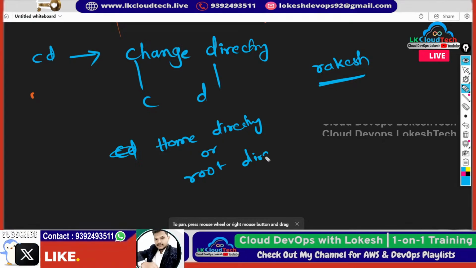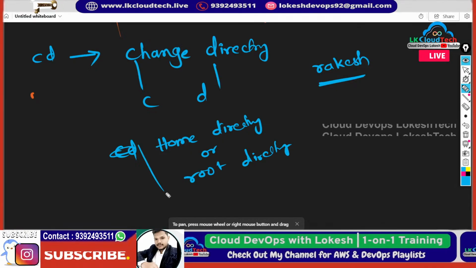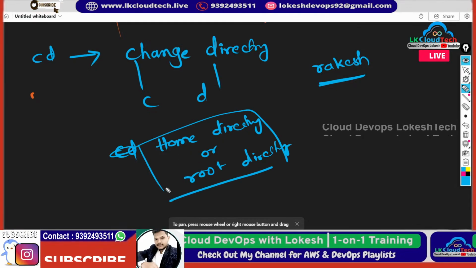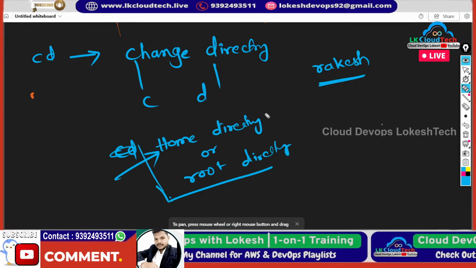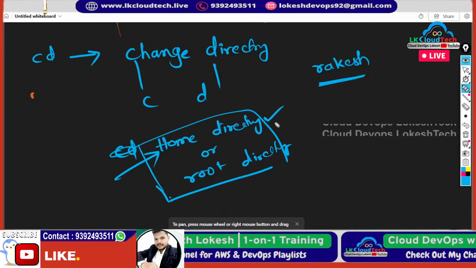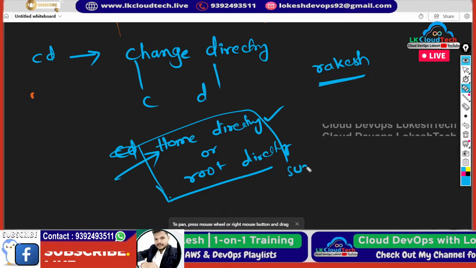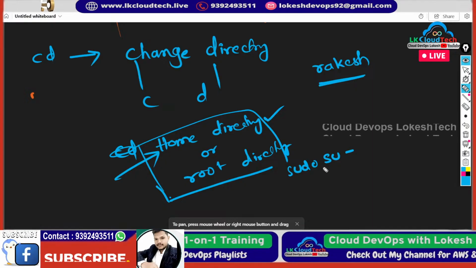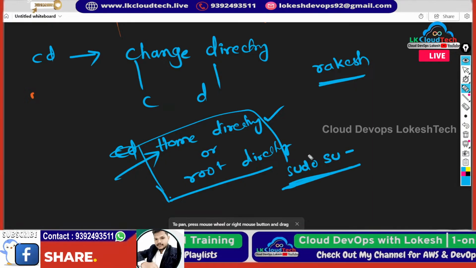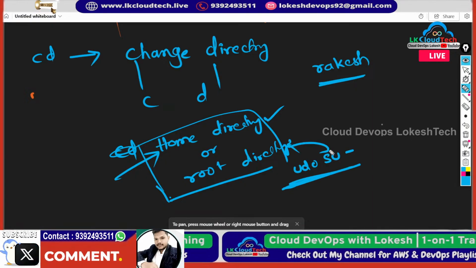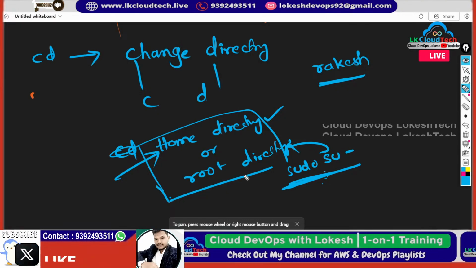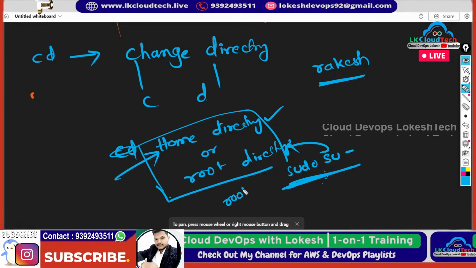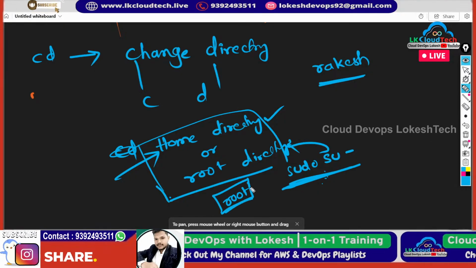Whenever you log in initially, you will be in a home directory, either home or root directory. Whenever you use the command sudo su hyphen, you will go into the root directory. Keep in mind this. So whenever you come to the root directory, you will be there in root.